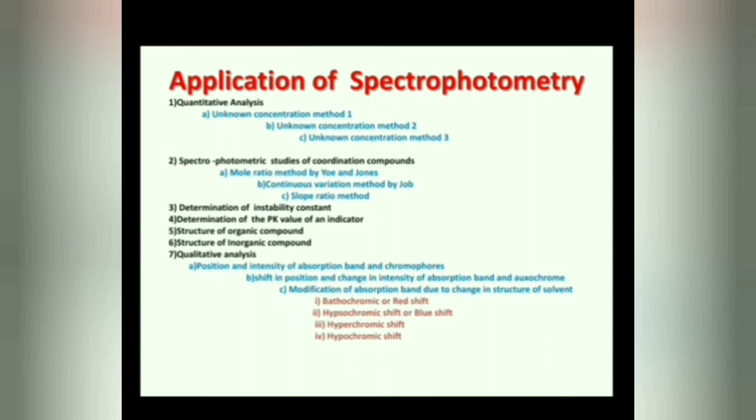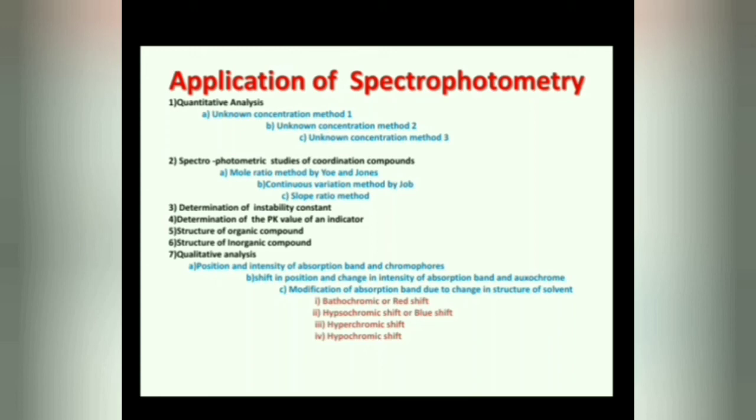Okay, next is modification of the absorption band due to change in structure or solvent. The position of the absorption maximum and intensity of the absorption band may be changed due to change in structure of the test molecule or the change in solvent. These changes are generally considered under some points.